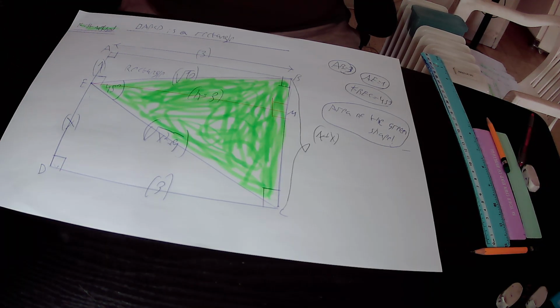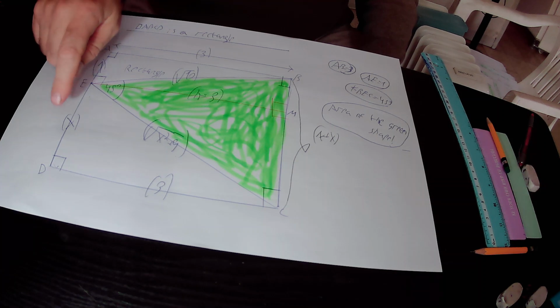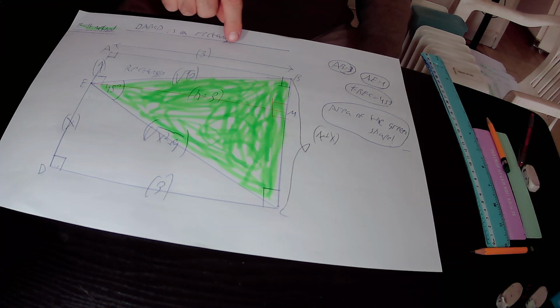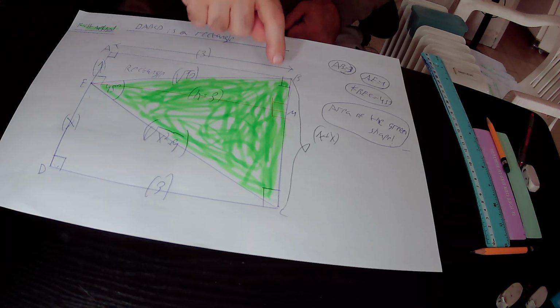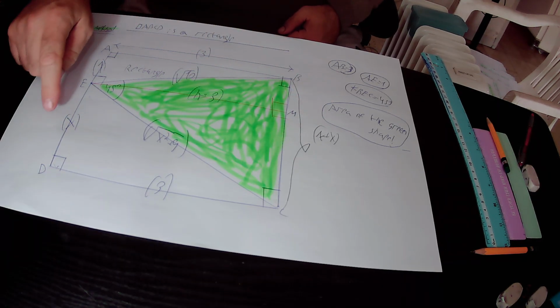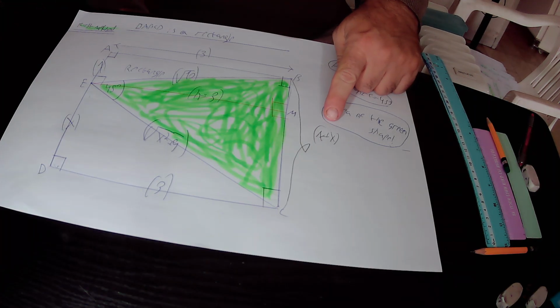We also know that the opposite sides of a rectangle are equal to each other. So in rectangle ABCD, side AB must be equal to the opposite side DC. But AB is 3, therefore the opposite side DC must also equal 3 units in its length. Likewise, according to the same rule, in the same rectangle ABCD, side AD must be equal to the opposite side BC. But AD in total is 1 plus x, and therefore the opposite side BC must also equal 1 plus x units in its length.